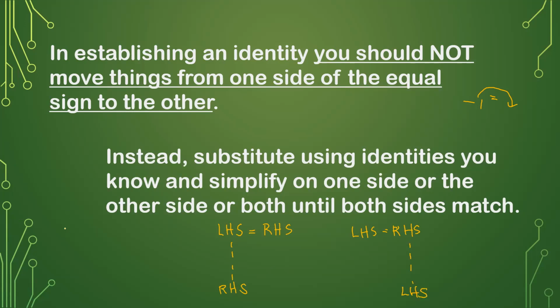Or pwedeng yung left-hand side, let's show that it will become equal to an expression, say C. Tapos yung right-hand side, we can show that that expression can be also expressed as C. Okay, pero ito yung last resort natin. Usually, this is the last option that we have in proving identities.